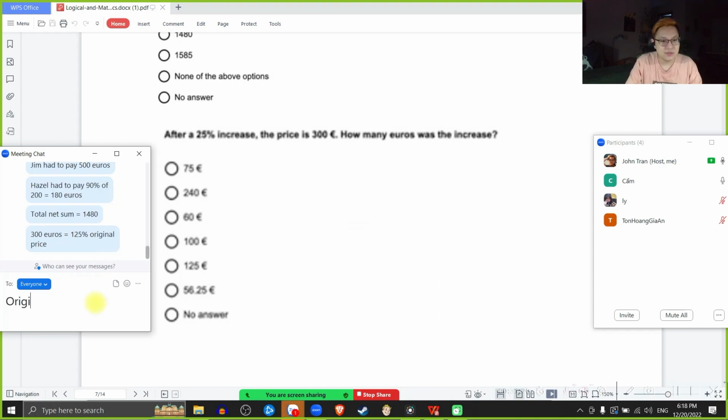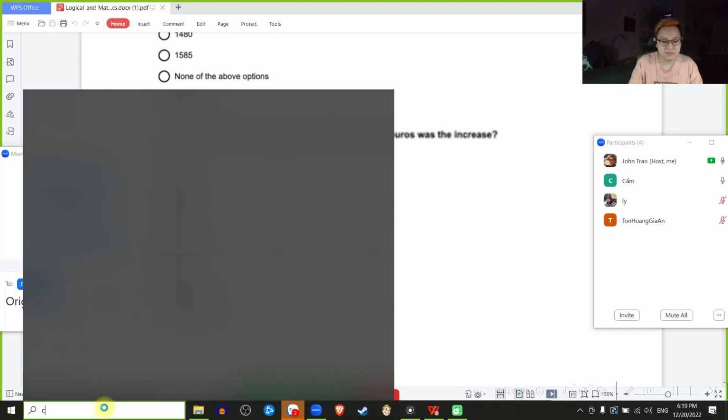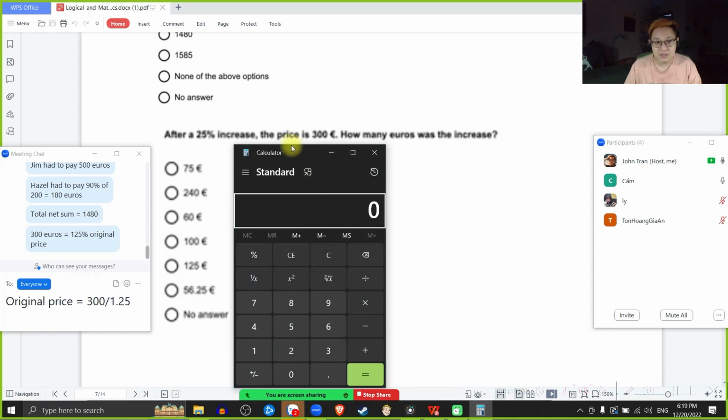So it means the original price is 300 divided by 1.25. So 125% is 1.25, you know. 125% tức là 1.25. So 300 divided by 1.25, it's 240.